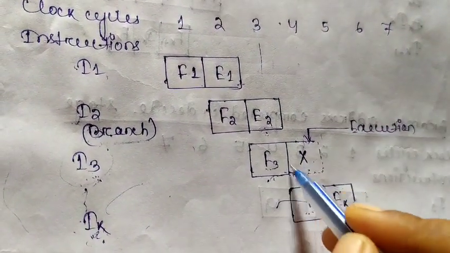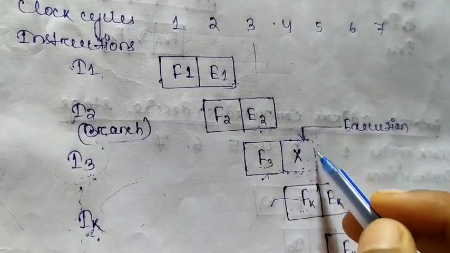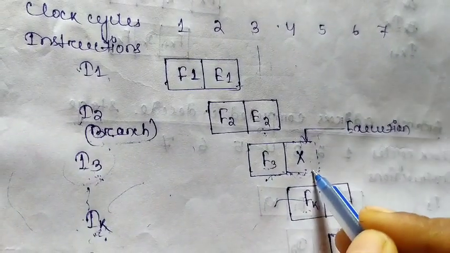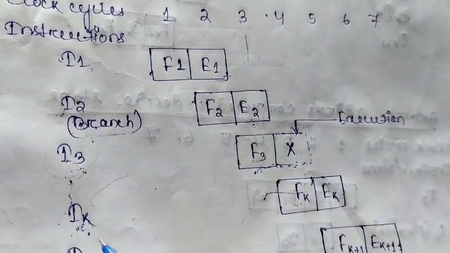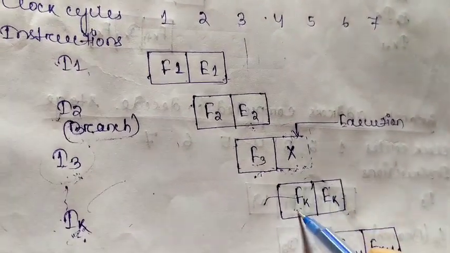So this clock cycle will be stalled and kept idle, no work: I3 execution halted and discarded, and IK execution could not be done as it is fetched in the 4th clock cycle.